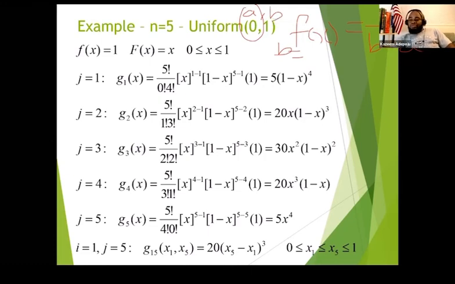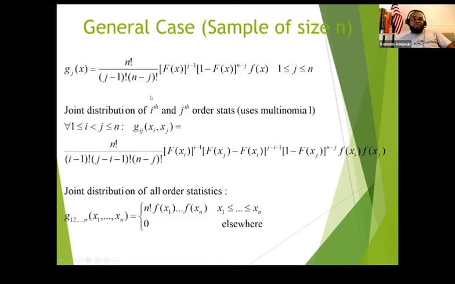So if you plug that in, then your f of x is equal to 1. And you know what? When your f of x equals 1, the CDF, integrating that, is going to be x, right? Take a look at that. Now, you can be asked to find, if you go back to the formula right here, when j equals 1, that's going to be the minimum.